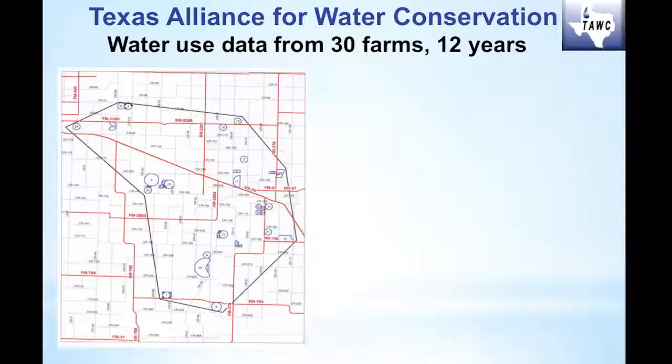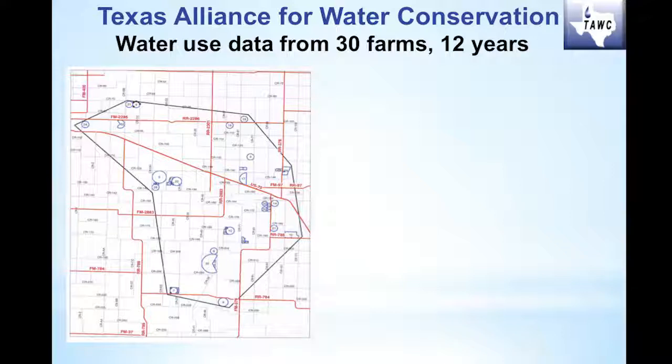I'm also involved in a project called the Texas Alliance for Water Conservation, where we've been collecting data on water usage and irrigation on various farms in the area, and tracking that, and from there we can calculate what their water use efficiency is, and so on. In fact, in this polygon here from around Plainview down by Soil Data around here, we've been tracking the volume of water overall in this polygon.